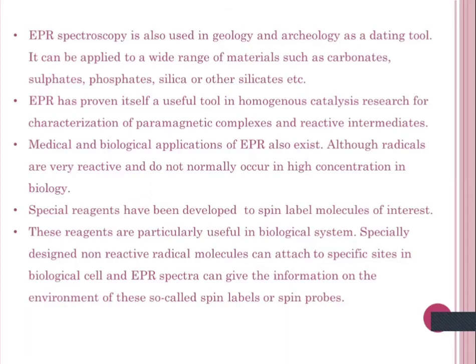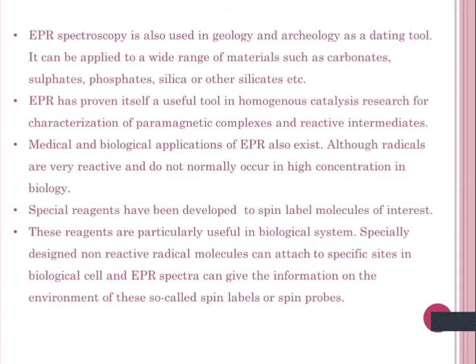Medical and biological applications of electron paramagnetic resonance also exist. Although radicals are very reactive and do not normally occur in high concentration in biology, special agents have been developed to spin label molecules of interest.